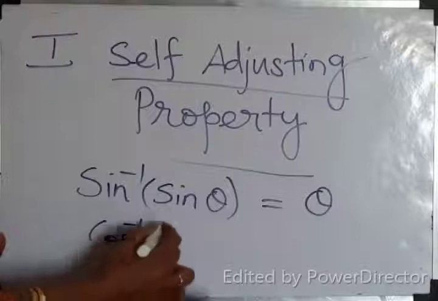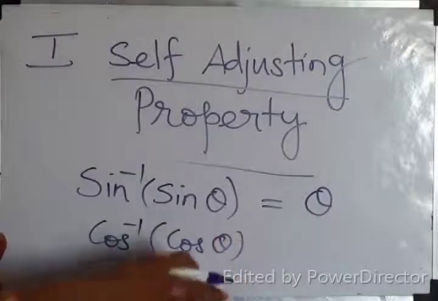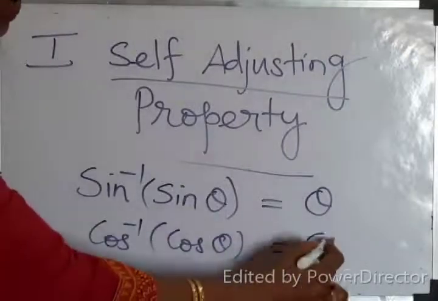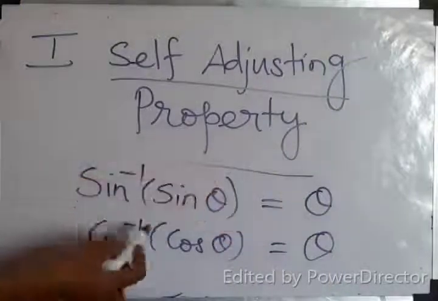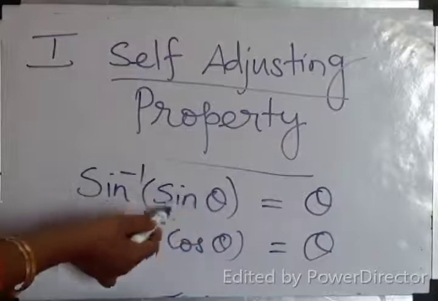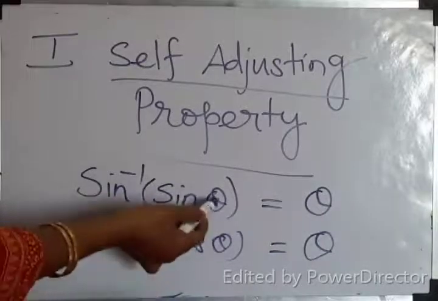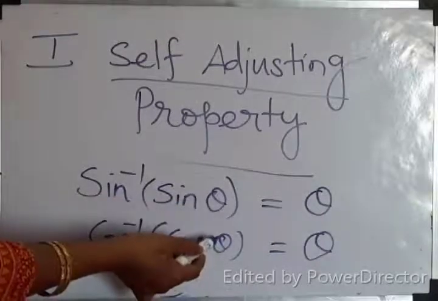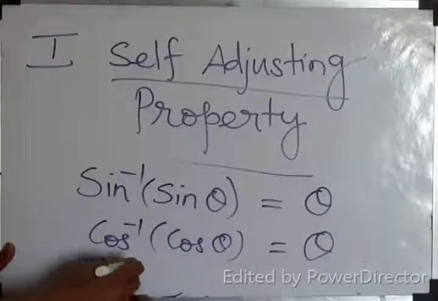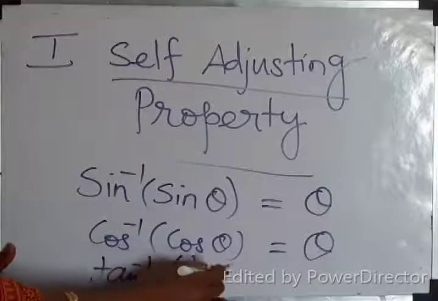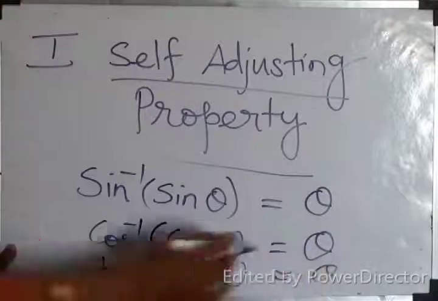Cos inverse cos theta. What is the answer? Theta. Sin inverse sin get cancelled, theta. When I write sin cos trigonometric ratios, it comes theta, isn't it? So theta. Suppose next one, tan inverse tan theta. What is the answer? Theta. Good.